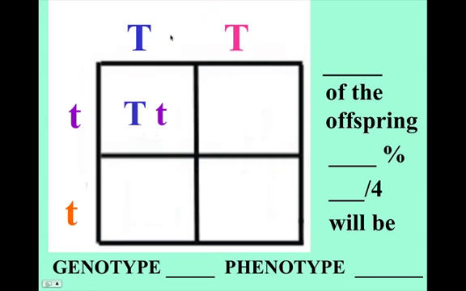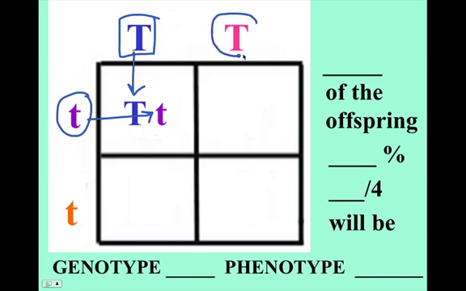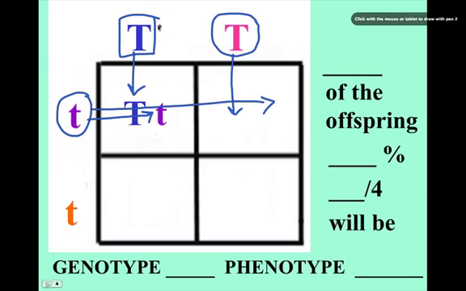If we're going to fill in our Punnett square, we take this T and bring it down, and we take this T and take it over. So if we're going to fill in the next box, this T comes down, this T comes over.